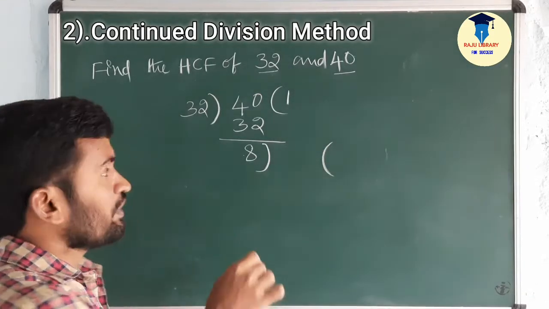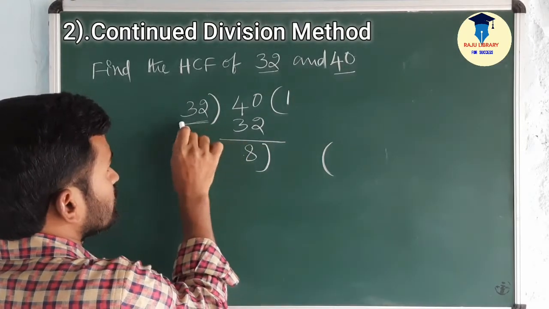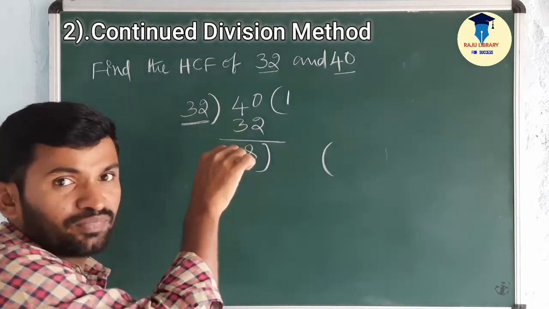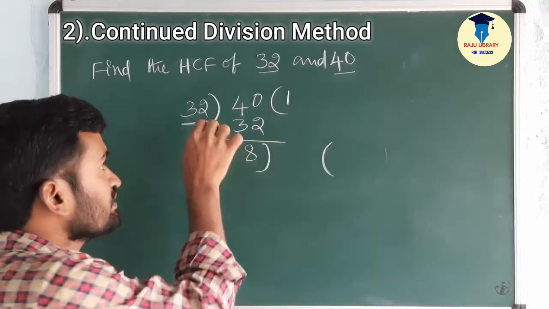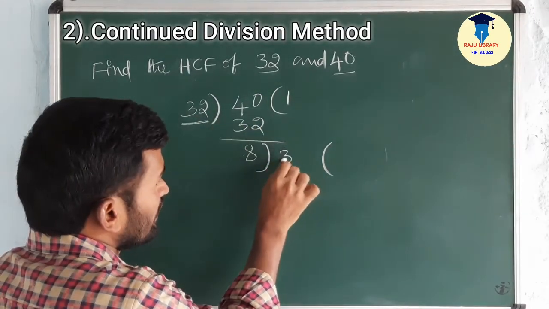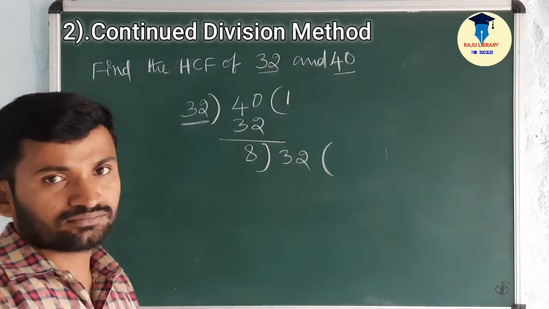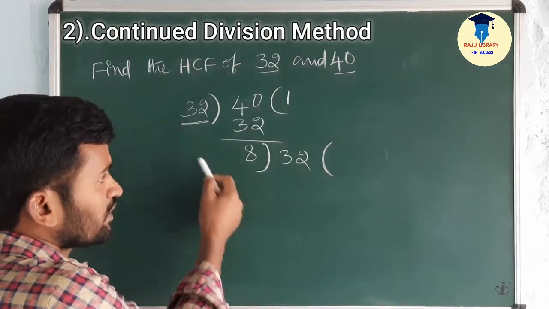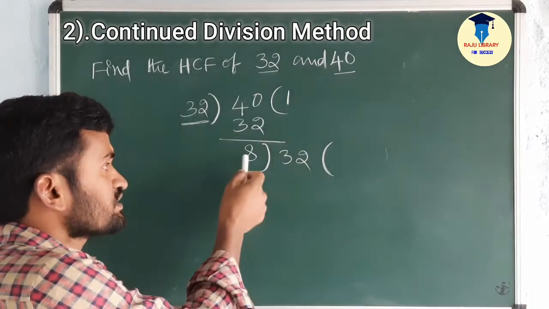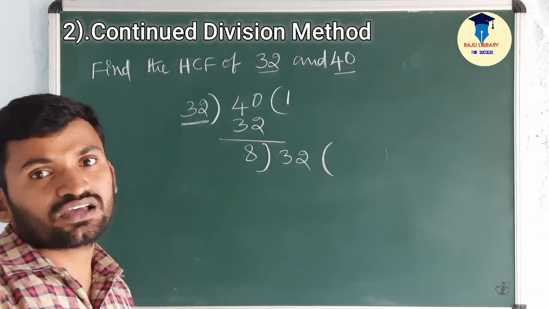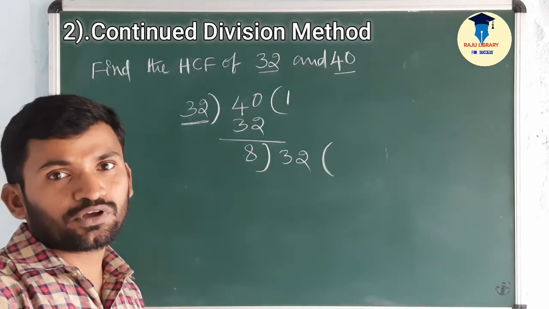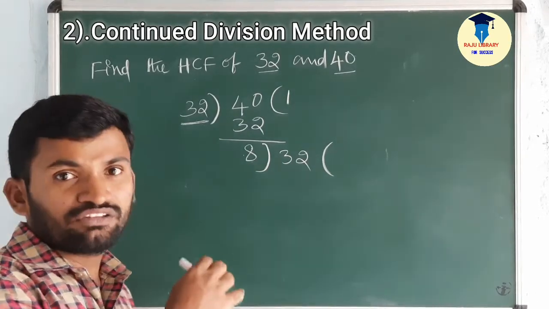What is that? Whatever the divisor was in the first step, we take that divisor here as the dividend. This 32 becomes the dividend, and this remainder becomes the divisor. That is the continued division method.